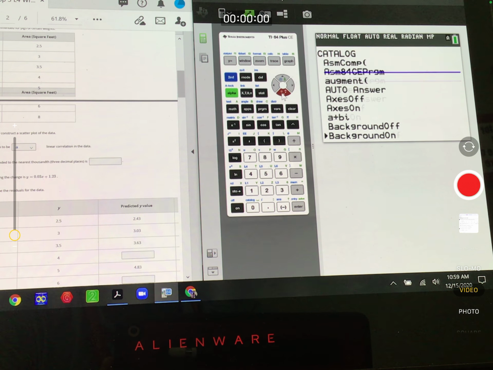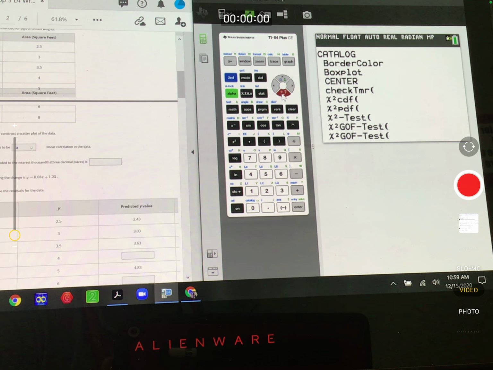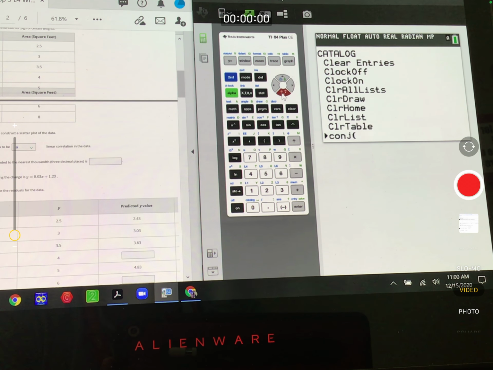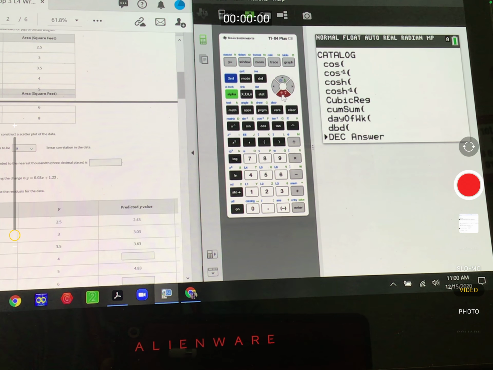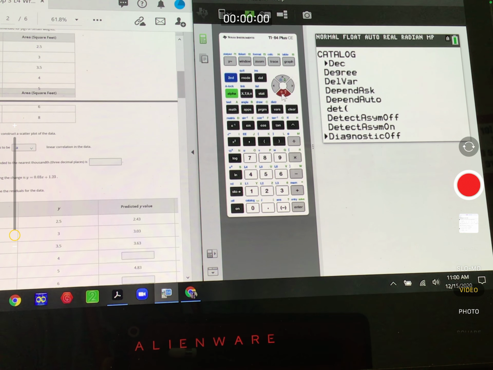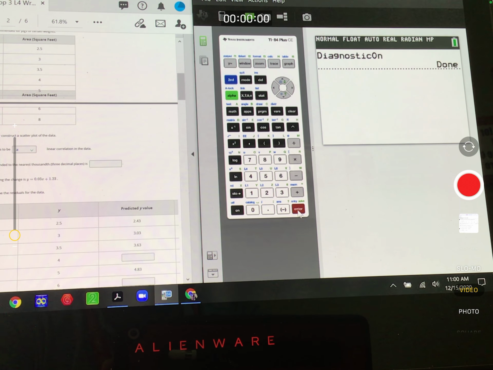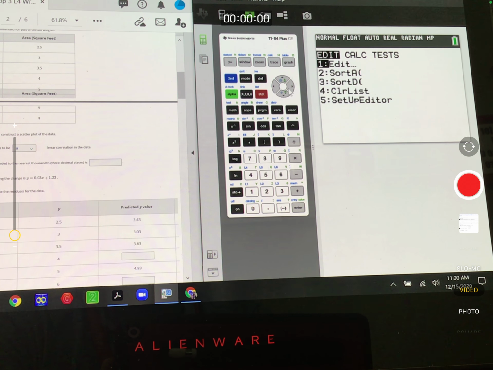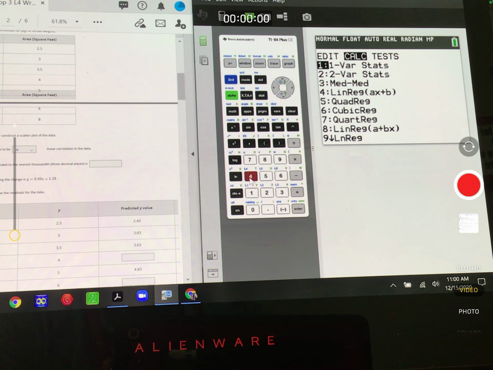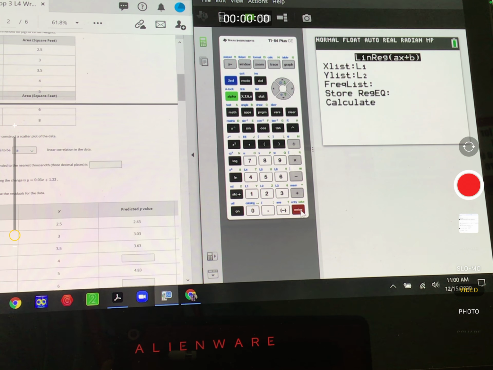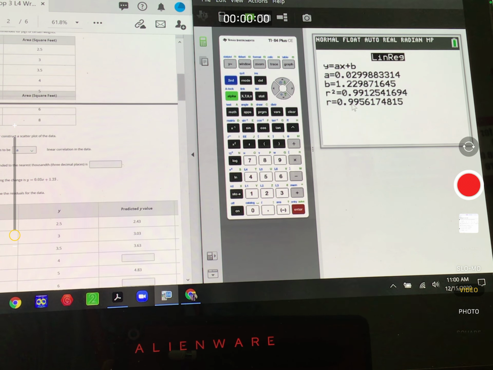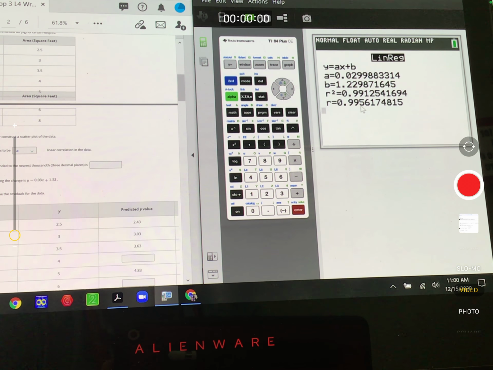Go down to diagnostic on. Hit enter twice, and now it shows it's done. Stat, right arrow to calculate, option 4. Enter, enter, enter, enter, enter. And there's my correlation coefficient, 0.996.